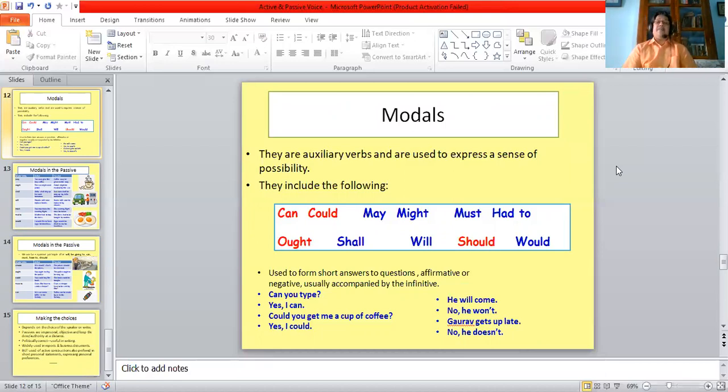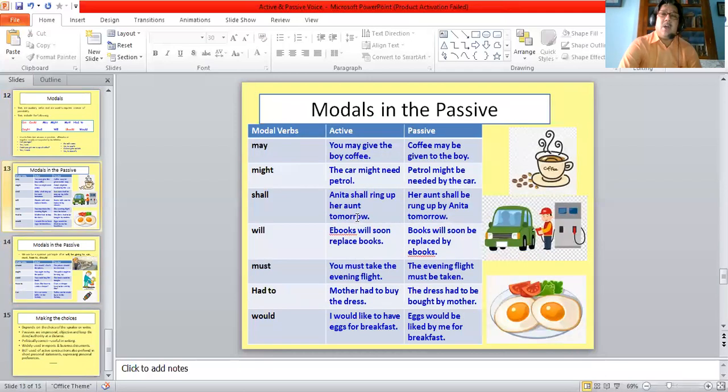So, can you type? Yes, I can. Or could you get me a cup of coffee? Yes, I could. Or he will come. Will he? No, he won't. Gaurav gets up late. Doesn't he? No, he doesn't.